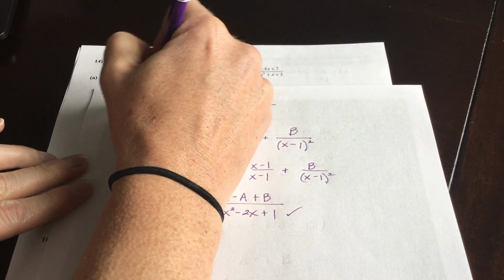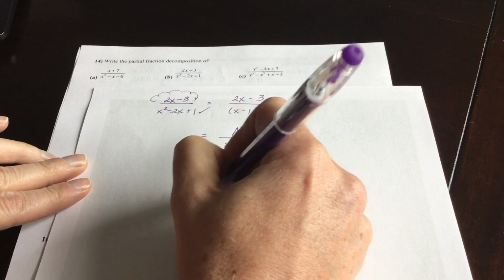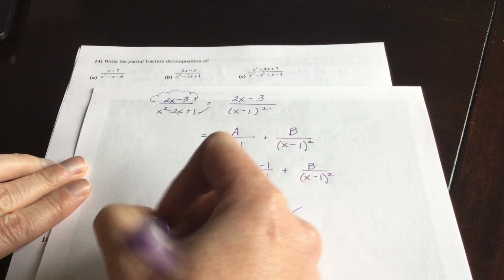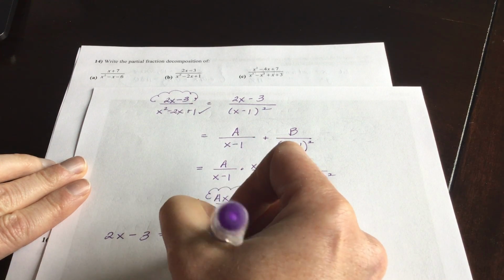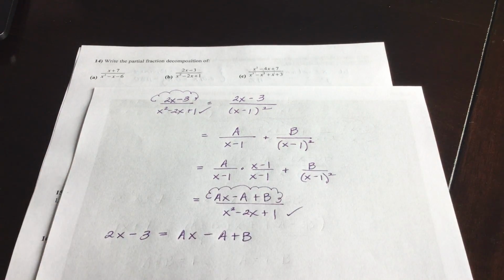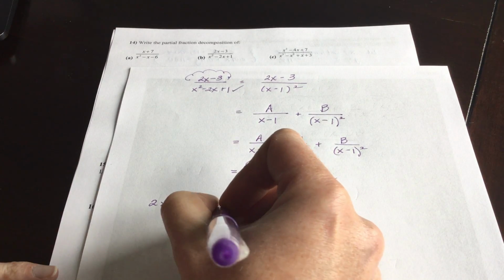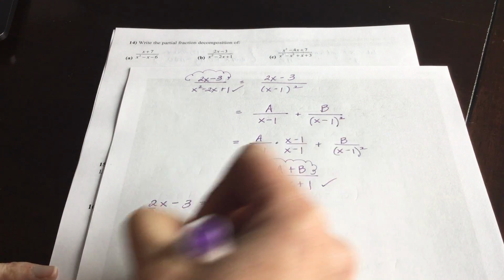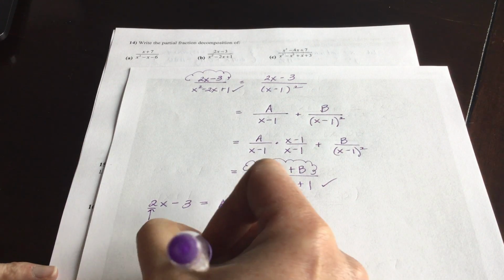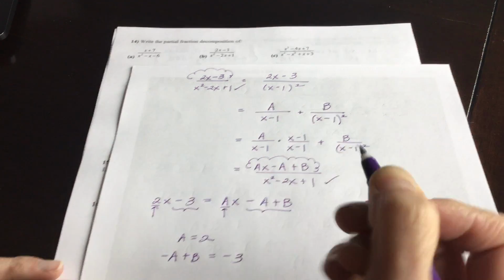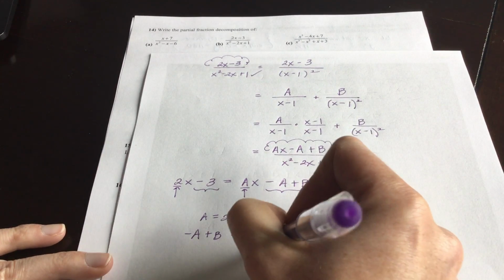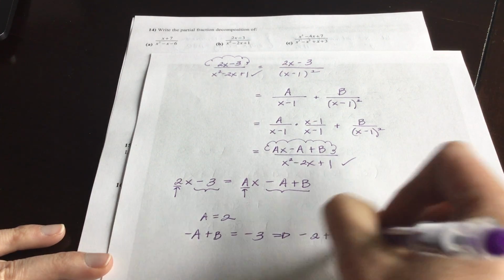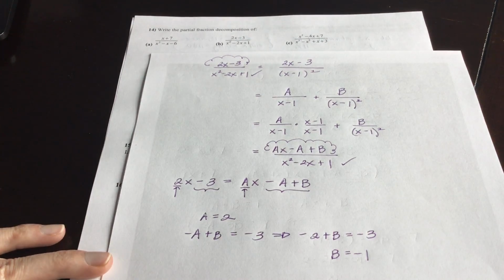Numerator battle, now that we have the denominators matching, now we're going to make sure that 2x minus 3 is equal to Ax minus A plus B, which means that A would have to be 2, and negative A plus B would have to be negative 3. Since A is 2, the second row would say negative 2 plus B equals negative 3. Add the 2 over, you end up with B being negative 1.